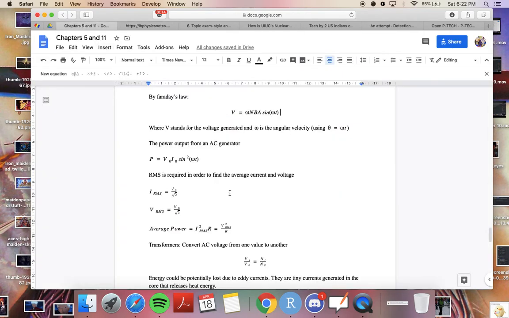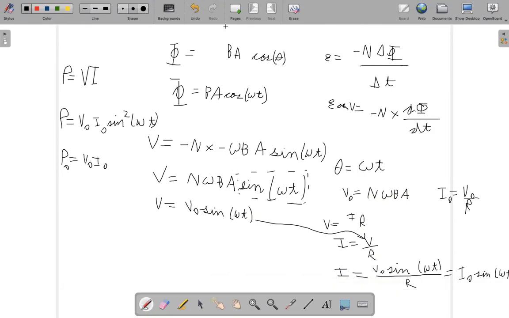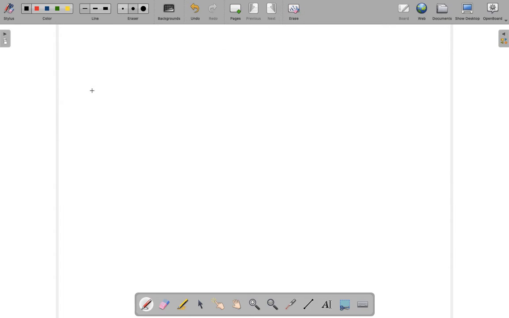You may have to make use of it, or you can make use of the RMS method, or root mean square method. Because our current and voltage vary by a sine function, they don't really vary in a linear way. They vary somewhat like this if you were to graph current against time or voltage against time.